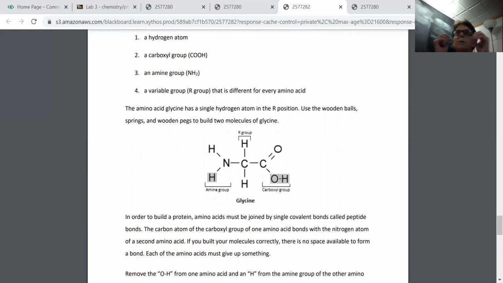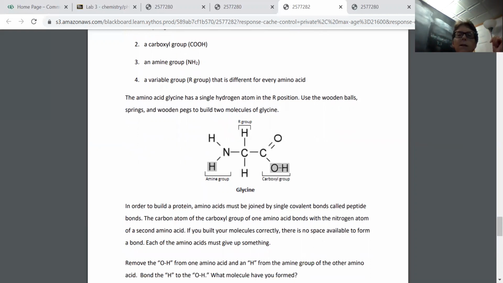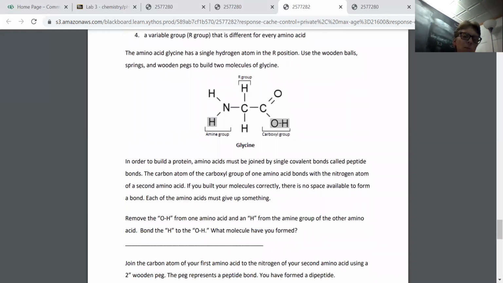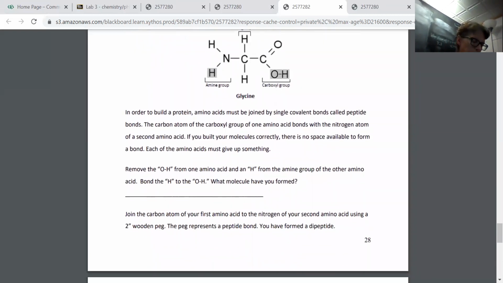When you're a kid, you played with little pop beads and made little chains of beads. The amino acids are all arranged like that, like beads in a chain. The sequence of those amino acids is imperative to determining the function of that protein, along with how it's folded up and bound to itself. But the sequence of amino acids determines the function of the protein.